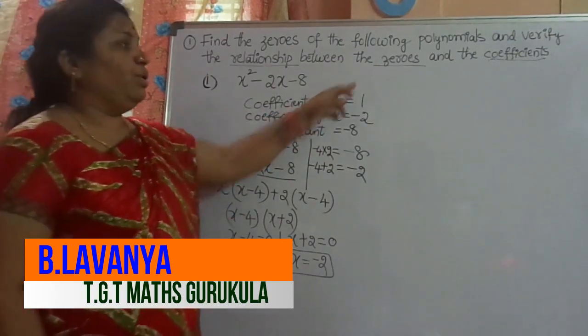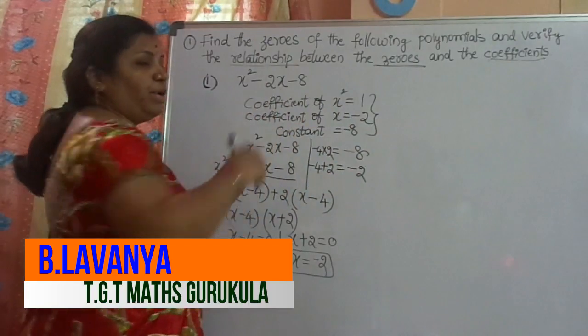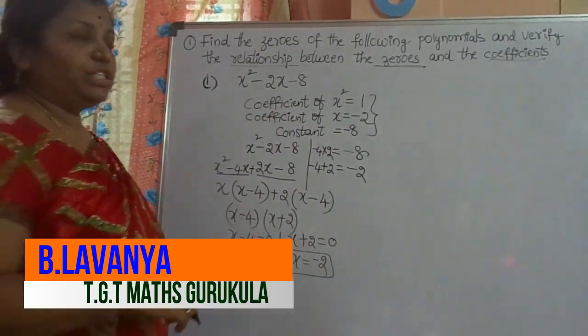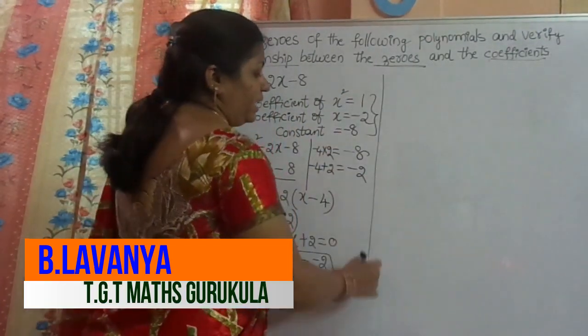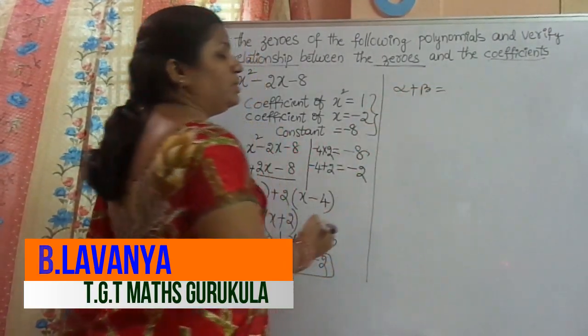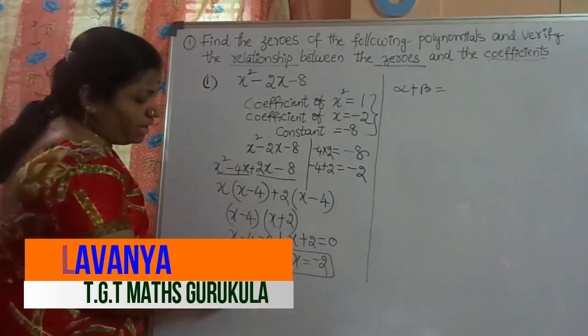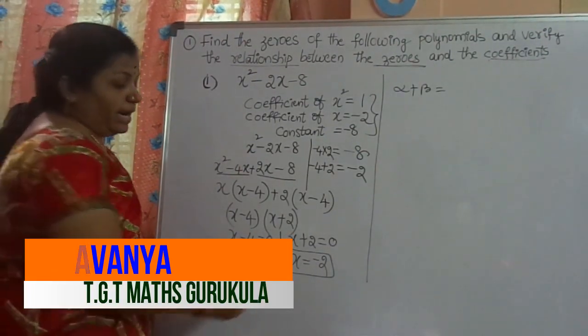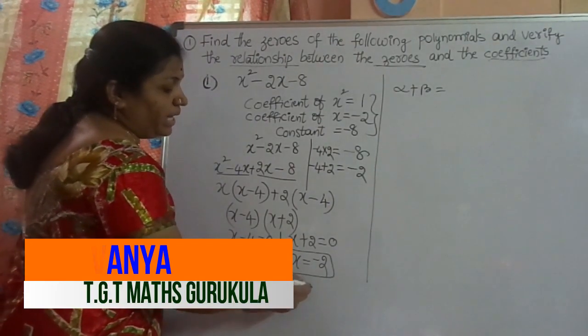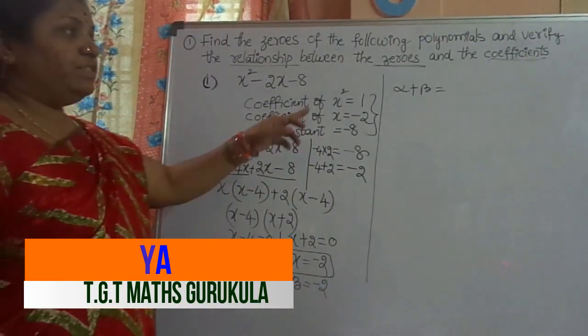Now we got the zeros and also the coefficients. Now find out the relationship. See what the relationship is. Alpha plus beta, the sum of the zeros. What are the zeros? Here the first value I am giving as alpha, that is 4, and the second value I am taking as beta, that is minus 2. Now find out the sum of zeros.